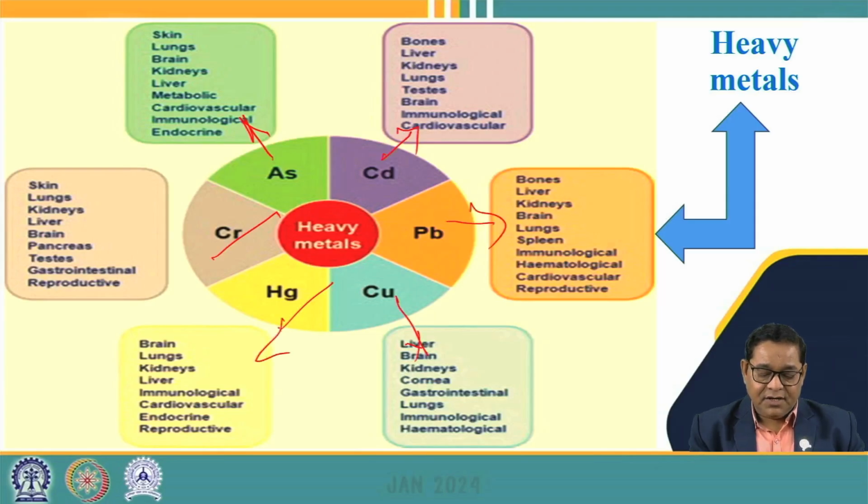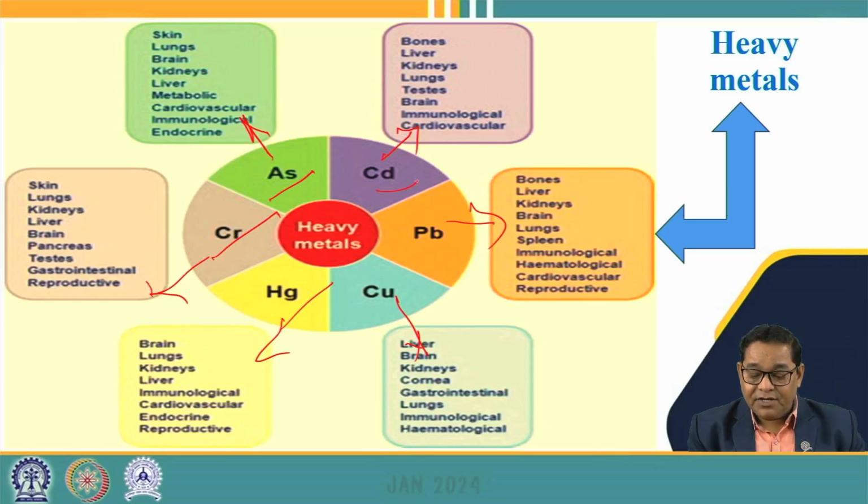Arsenic has a lot of problems for the skin. It may cause skin cancer, lung cancer, brain damage, and kidney and liver damage. Many organs get damaged because of high concentrations of arsenic beyond the permissible limit.